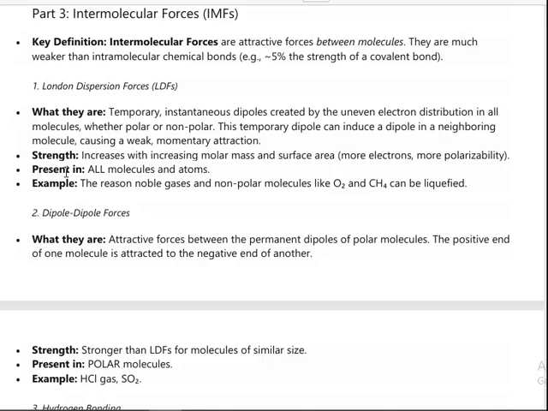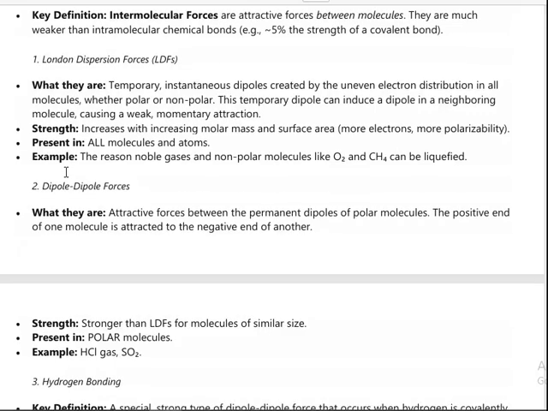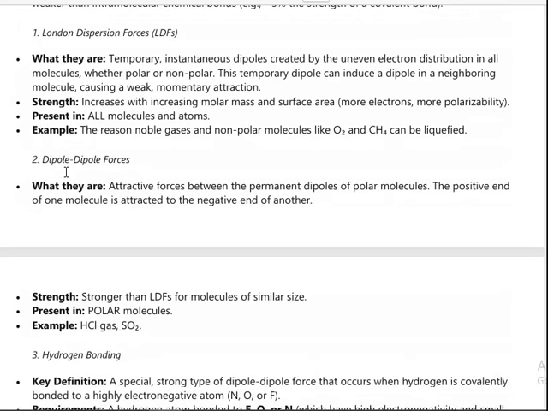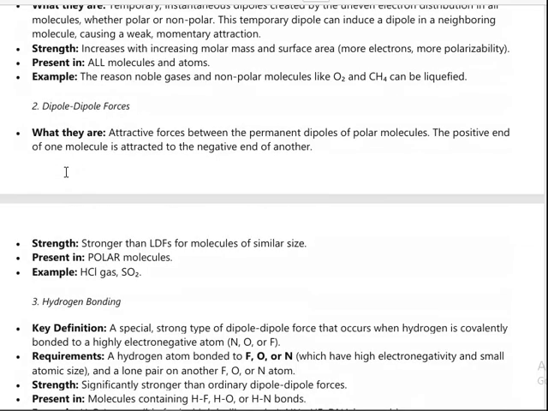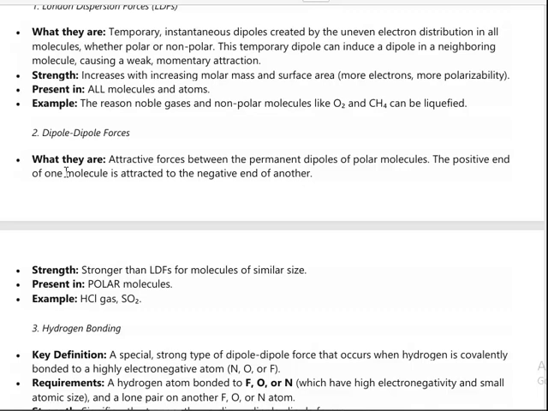Next with the IMFs, look at the dipole forces. These are attractive forces between permanent dipoles, the permanent dipoles of polar molecules. The positive end of one molecule is attracted to the negative end of another.